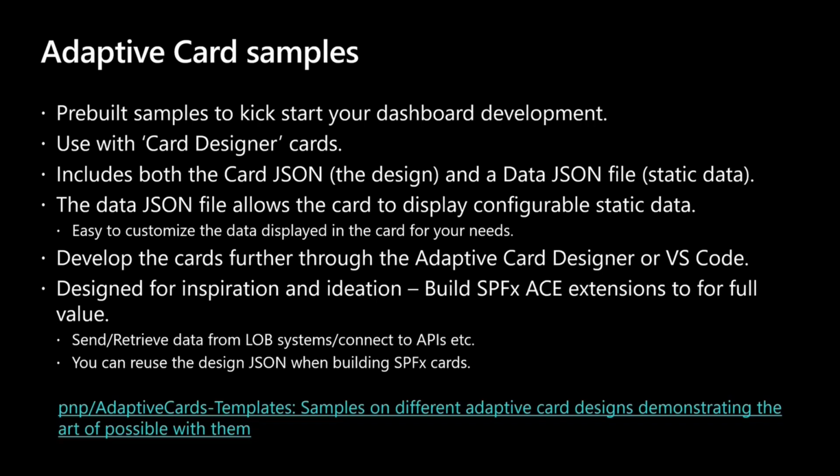These types of cards you're not typically going to use in production because updating the content of these cards would be very manual. Typically, you'll be building SPFx adaptive card extensions to actually build full cards with full functionality, where we're maybe connecting to line of business systems, calling REST endpoints, those kinds of things.